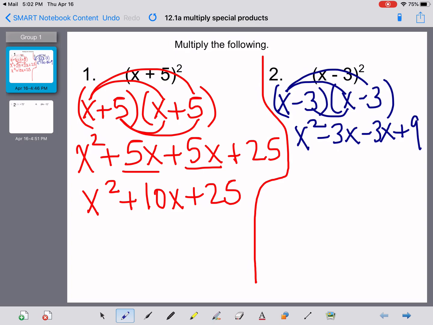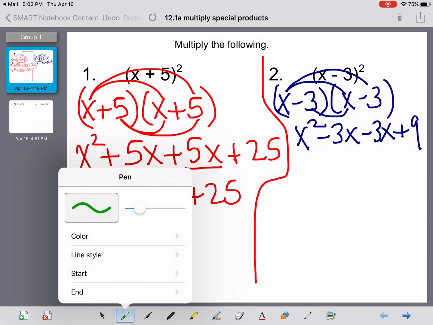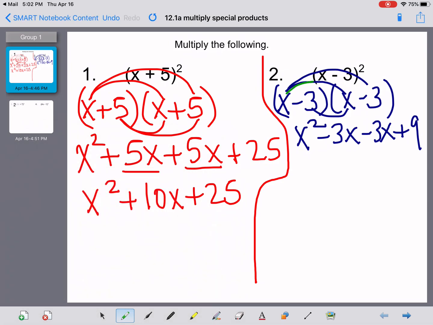But again, if I change colors here, just to go back over this for a minute, we don't have to worry about x times x. Those are both positives. The second one is x times negative 3, which is why this term is negative 3x.